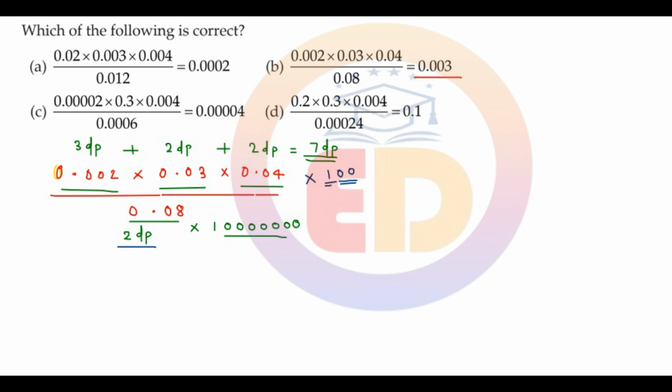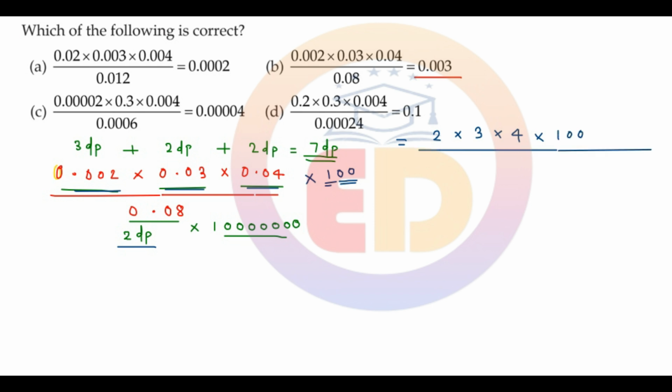Now our number will become, write down all the numerator and the denominator terms without the decimal point. 0.02 will become 2, 0.03 will become 3, 0.04 will become 4, and in the numerator I will multiply 100.